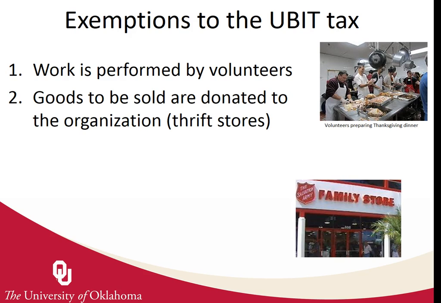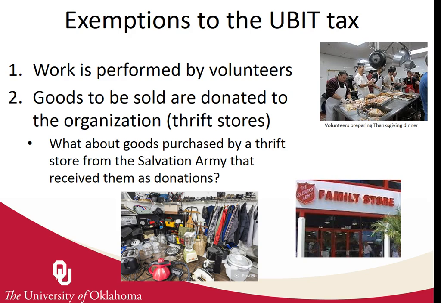If the goods to be sold are donated to the organization, for example, a thrift store, many charities, churches, even some educational institutions may run thrift shops, may have sales of items that have been donated to that organization for sale. If the goods are donated, then it takes it outside the UBIT characterization.